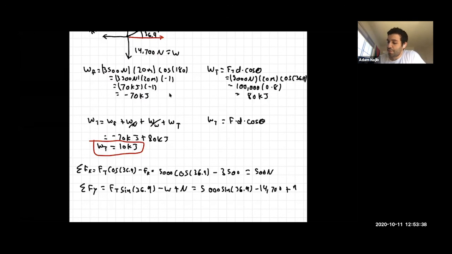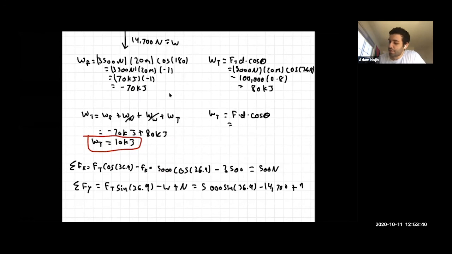So from here, we can just plug that 500 that we solved for earlier into our question. So 500 newtons times distance of 20 meters, times cosine of 36.9, because that is the angle between them.